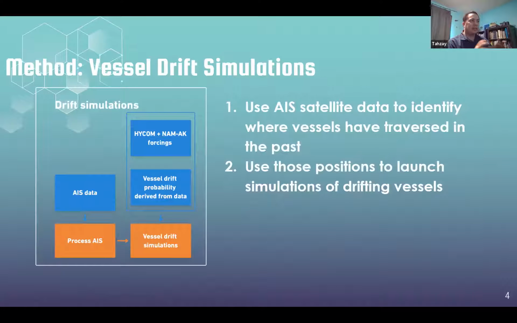So if we kind of take a real quick picture of that very first piece of what we were trying to look at, which was really getting at the satellite data and identifying where the vessels were, we could use those positions to start launching the simulations of the drifting vessels.